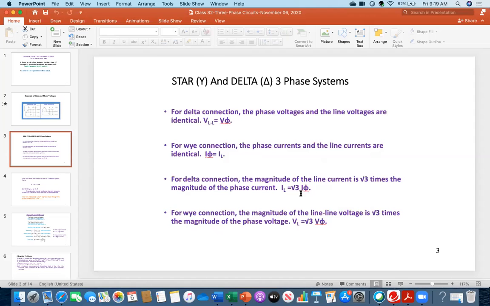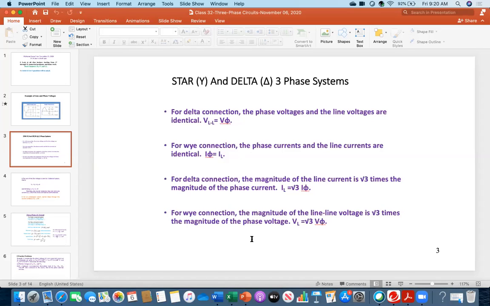So IL is root 3 times whatever the phase current is. Similarly, for Y connection, the magnitude of the line to line voltage is root 3 times the magnitude of the phase voltage. So from today, everybody keep this in mind. To solve numerical problems and to understand any circuit, you must remember this.